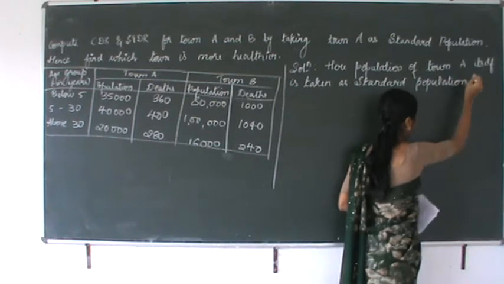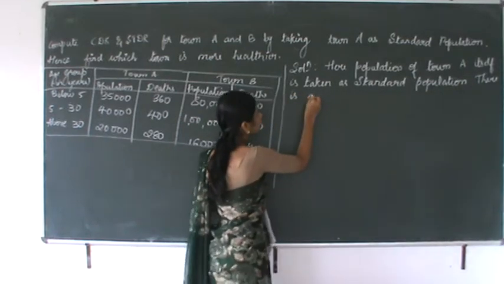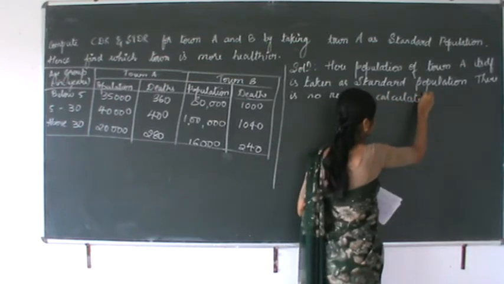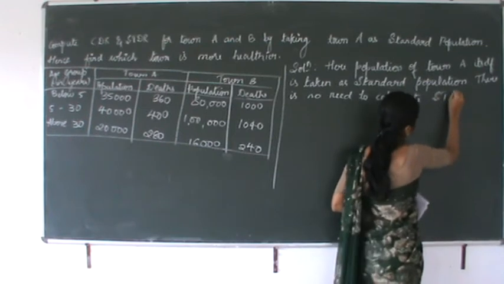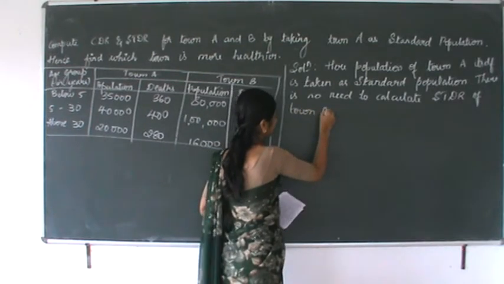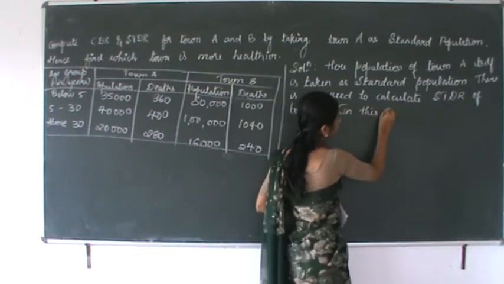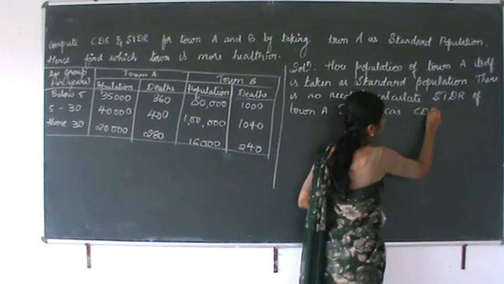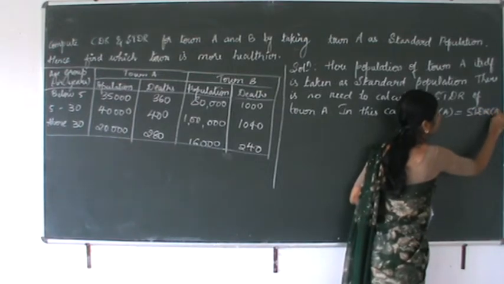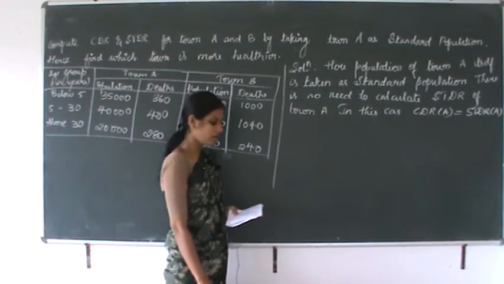Therefore, there is no need to calculate STDR of town A. In this case, CDR of town A will be equal to STDR of town A. Therefore, first we will calculate CDR for town A.